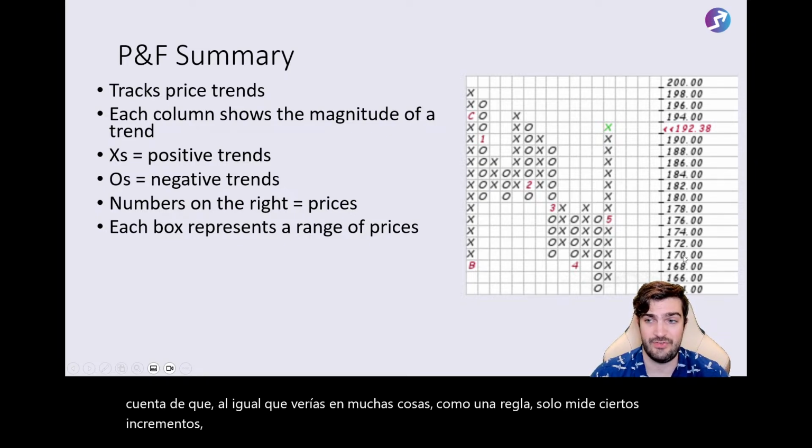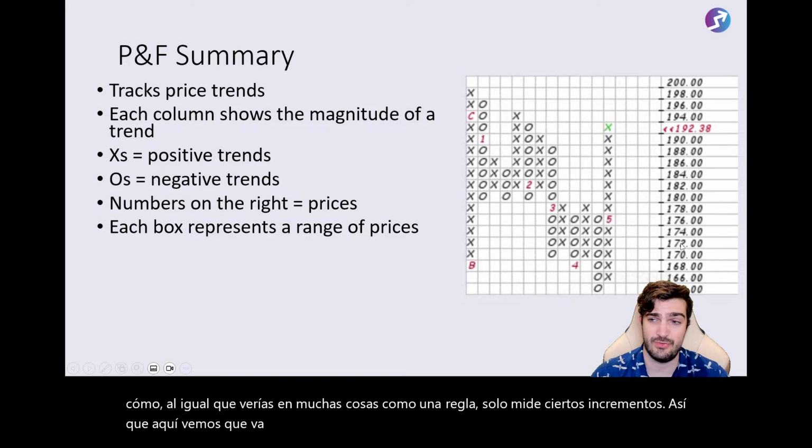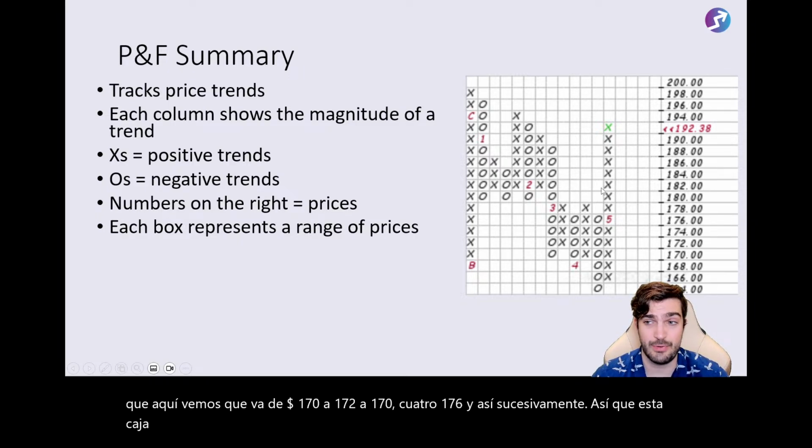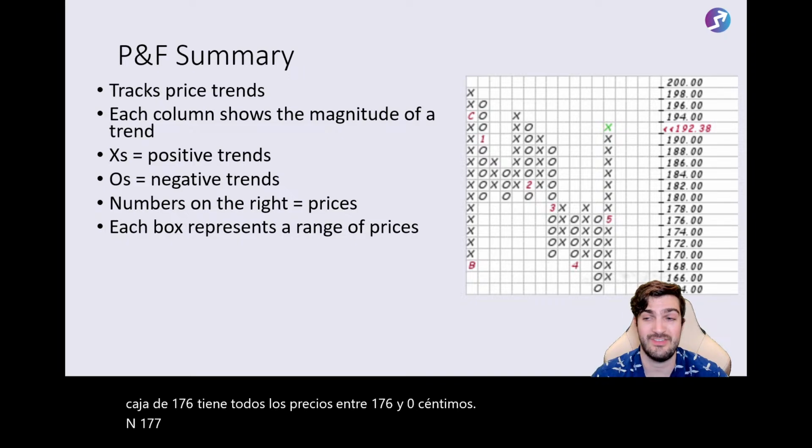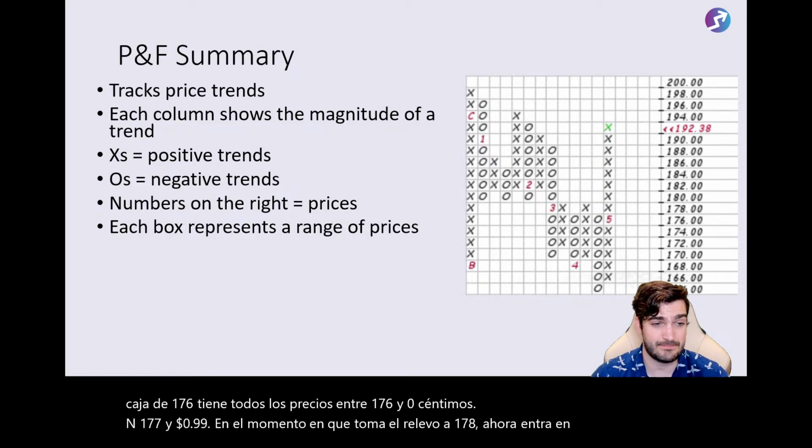So here, we see it goes from $170 to $172 to $174, $176, and so on. So this box of $176 is all prices between $176 and 0 cents and $177 and 99 cents. The minute it ticks over to $178, it now enters the next box.